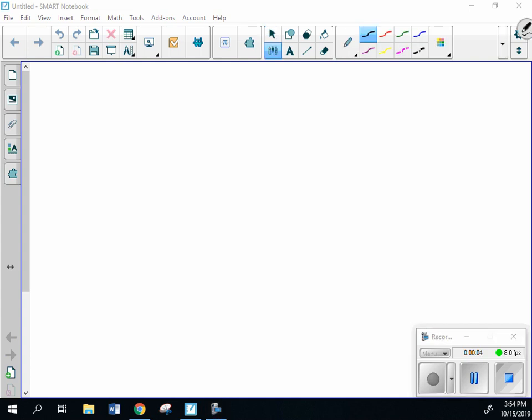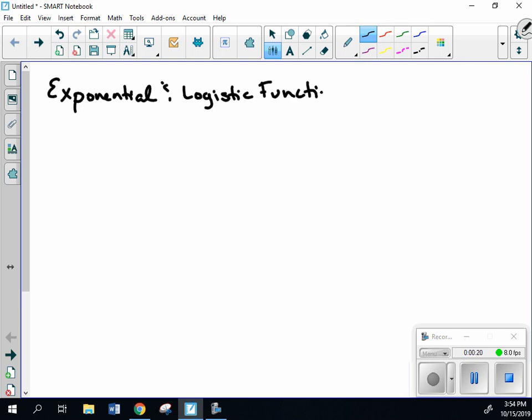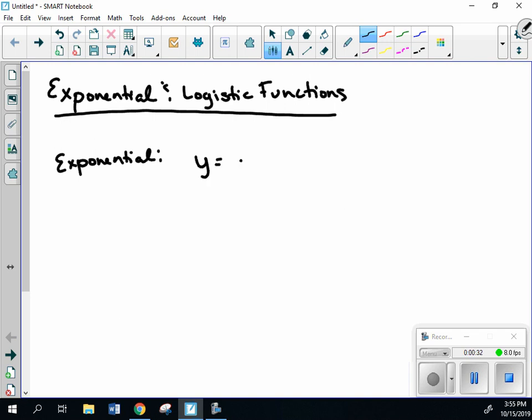Exponential and logistic functions are discussing when we have our variable in the exponent. So with an exponential function, like I said, the variable is in the exponent spot.